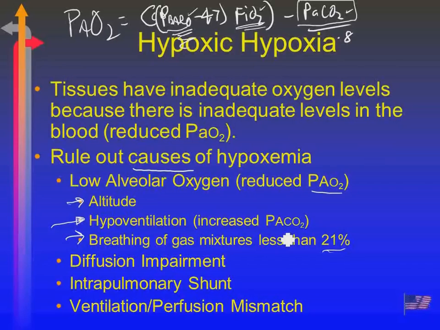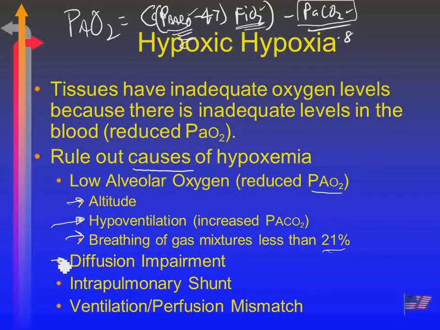So causes of hypoxemia can be elevation in altitude, hypoventilation, breathing a gas mixture less than 21%. Chances are the first and the third one you're not going to encounter unless you're working in Denver or something. On a day-to-day basis, it's not going to be a cause. Hypoventilation is quite a common one.